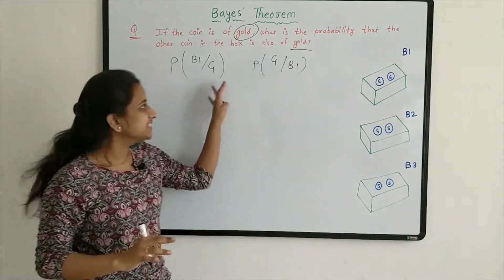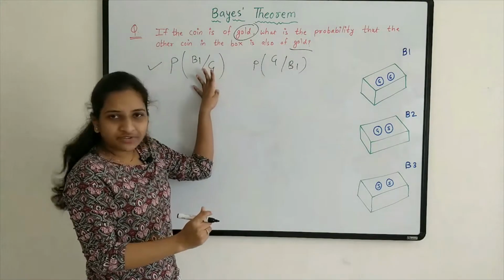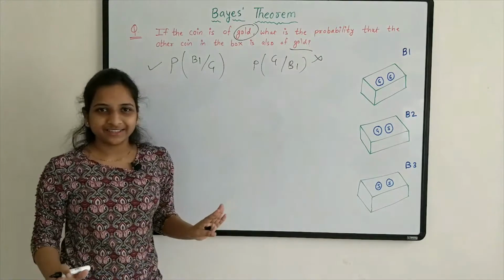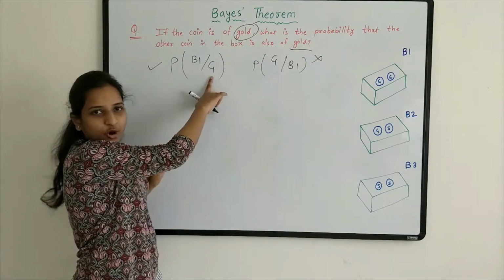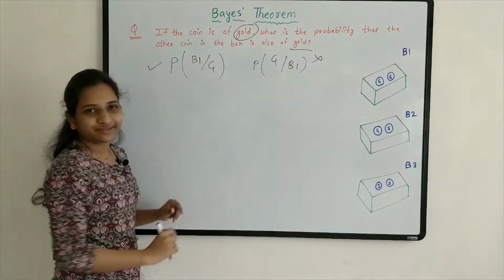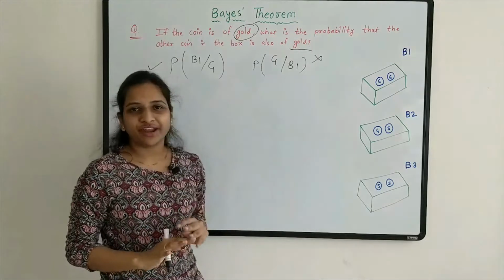So what is asked in this question? This is asked, this we have to find, this we don't have to find, right? This is clear. Coin is gold, which is already known. What is the probability that it is from box 1? Now, first step is clear. This we have to find.